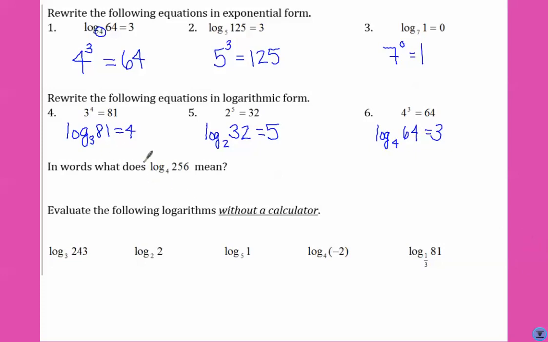Now, what does log base 4 of 256 actually mean? What is it asking us for? What this is asking us to calculate is 4 to what power equals 256.